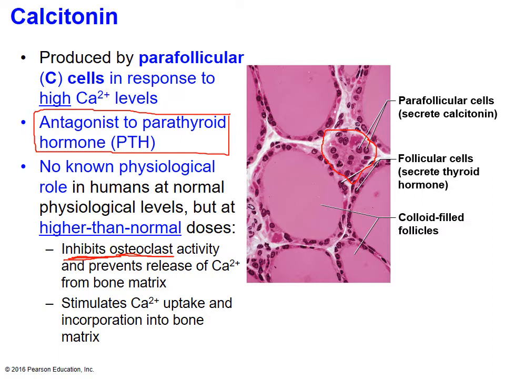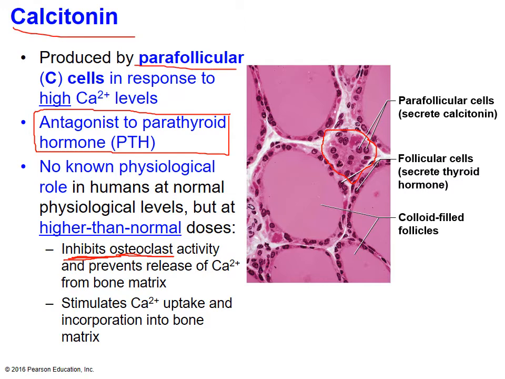But it works the opposite, because calcitonin responds to high calcium levels in the blood and it lowers it, where parathyroid hormone responds to low calcium levels in the blood and it causes an increase in calcium in the bloodstream. All right, so calcitonin is produced by the parafollicular cells of the thyroid gland.